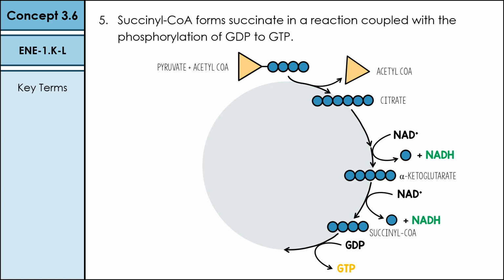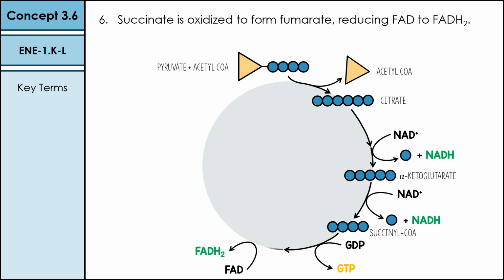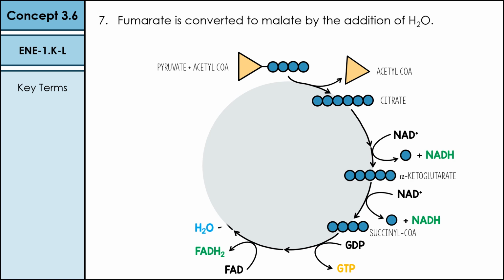From this point, the succinate is oxidized to form fumarate, and this reduces our other electron energy carrier FAD to FADH2. And then that fumarate can be converted into malate through the addition of water.